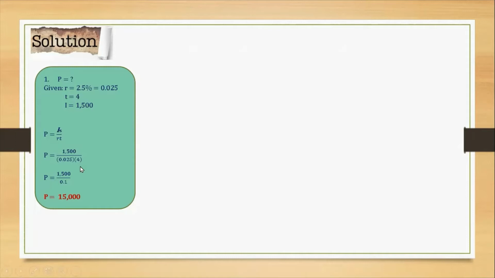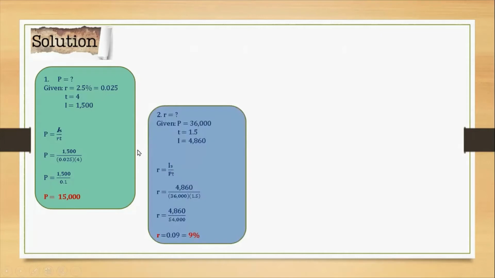You can use your calculator, or you can simply operate this one by multiplying the given value. And you can see there, when 1,500 is divided by 0.1, you're going to get the answer, which is 15,000. Therefore, the principal is equal to 15,000. And that is the final answer.